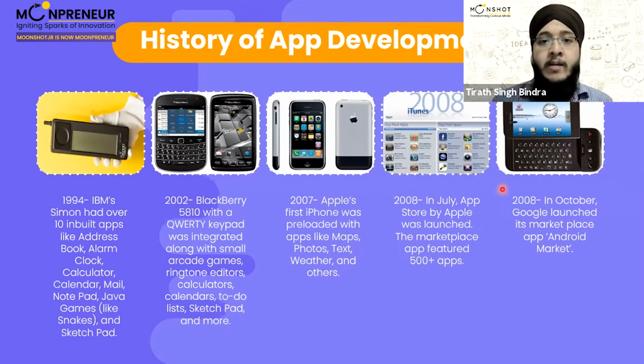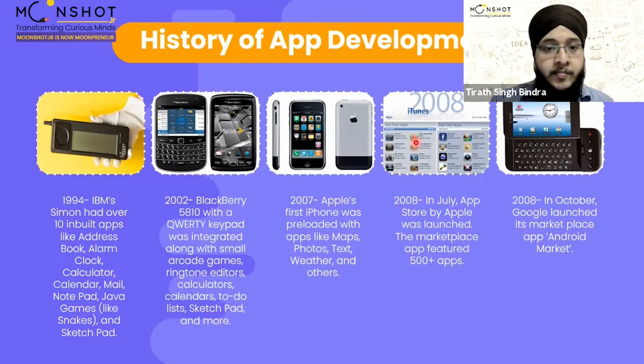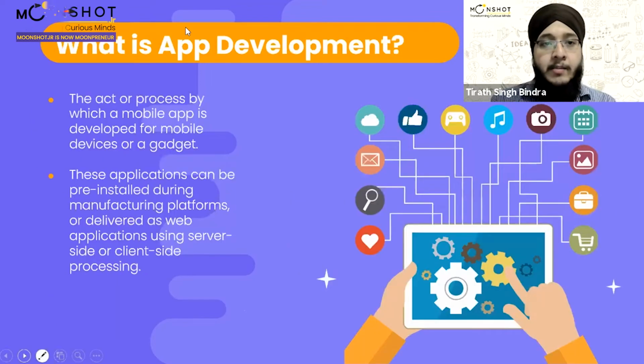One more important thing: the apps developed for these two are not developed on the same software. Different software is used to develop apps for iOS and for Android. So you have to take time and master yourself in Android and similarly in Apple also.